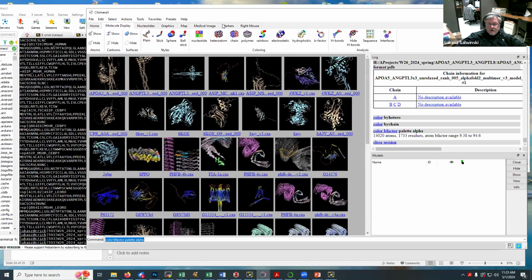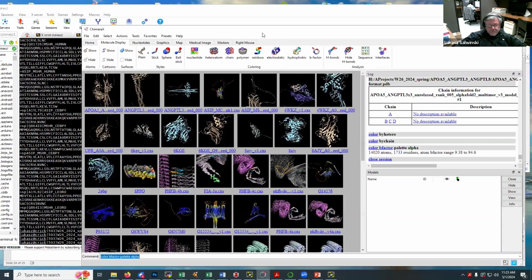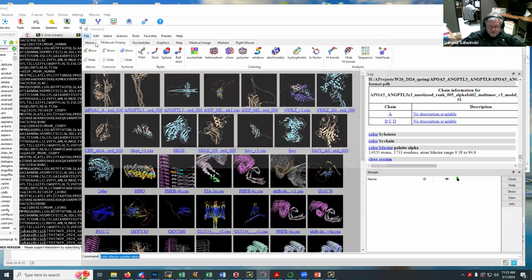Here's my Chimera, and now I'm going to open. We used to open a PDB file by fetching it directly from the RCSB or PDB database, but we can always open a file.